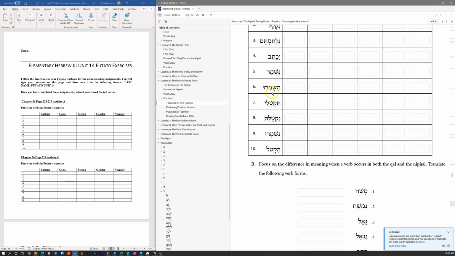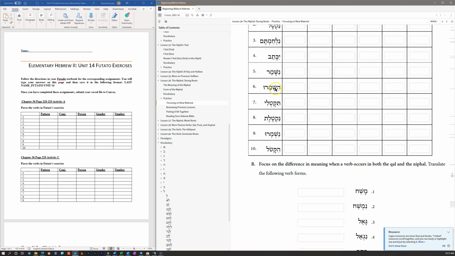Number 6, here we've got the hey hirik. And you'll remember, when we get into the imperfect side of the verbs, those imperfect conjugations that lose their prefix, the hey is going to come stand in for that prefix so that we don't lose this Niphal out of here.